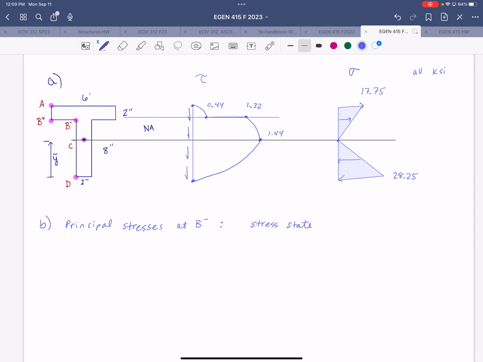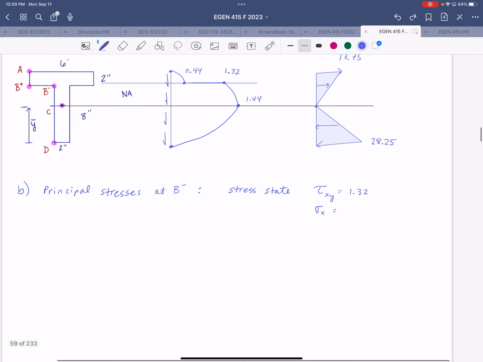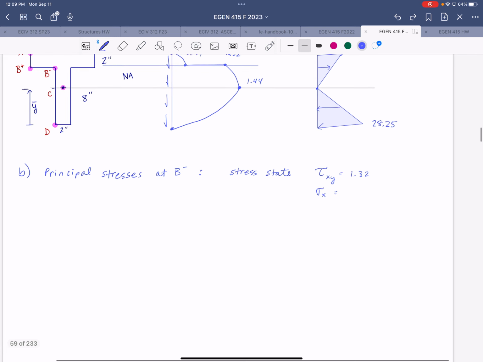So our stress state that we have is tau xy being 1.32. Sigma x is 17.1. Nope, sorry, I read the wrong line there. Normal stress was 8.55 at that location.